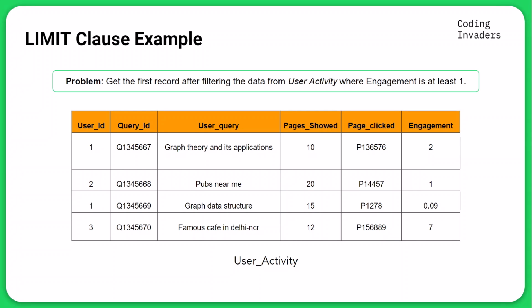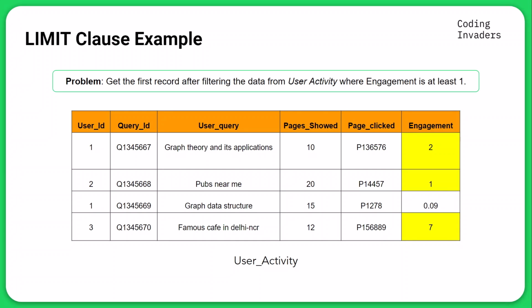So what we want to see is get the first record after filtering the data from user activity where engagement value is at least 1. So let's break this problem down. This time we are dealing with a filter based on the condition that engagement value has to be at least 1. So which values of engagement are greater than or equal to 1?